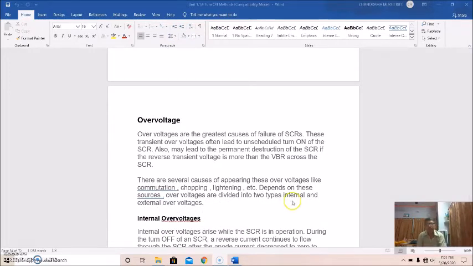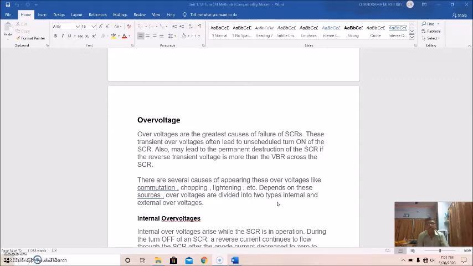Whenever we are talking about the protection of something, you must know the root cause behind the problem. Overvoltages are definitely among the greatest causes of failure of SCR.